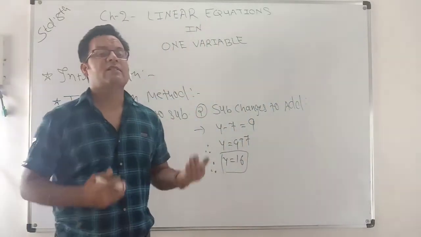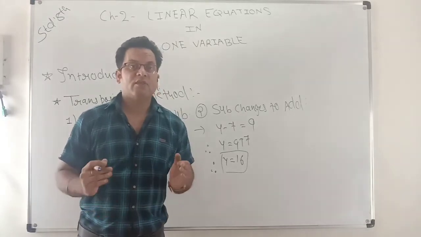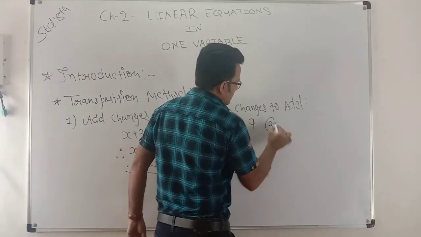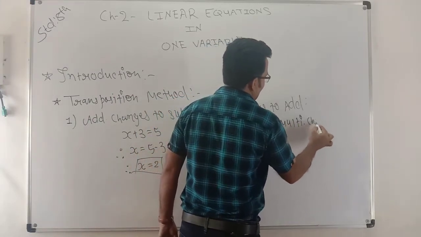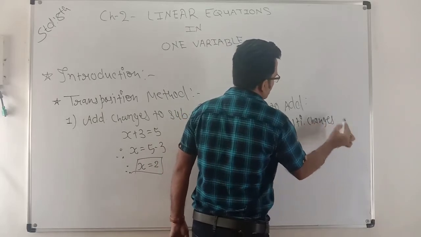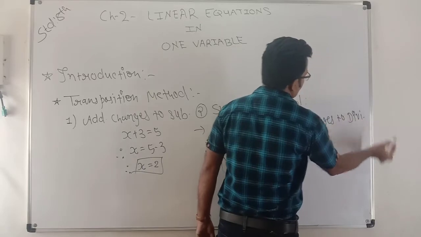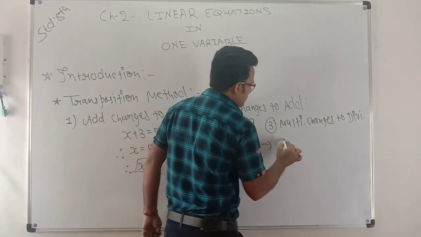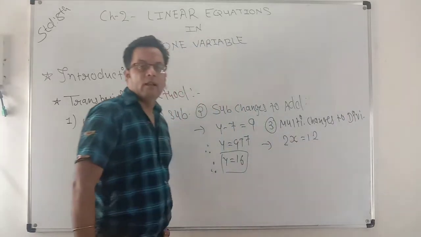Now we have to understand next. Number 3, multiplication changes to division. So here also I am giving you one example. Suppose 2x is equal to 12.